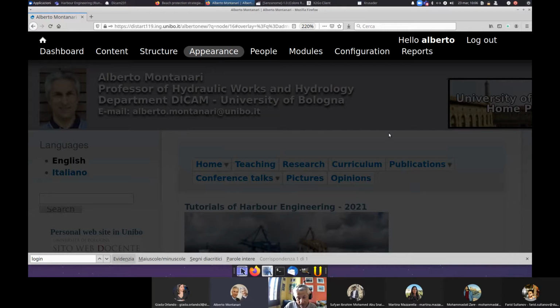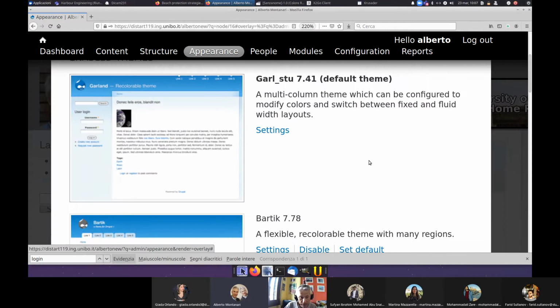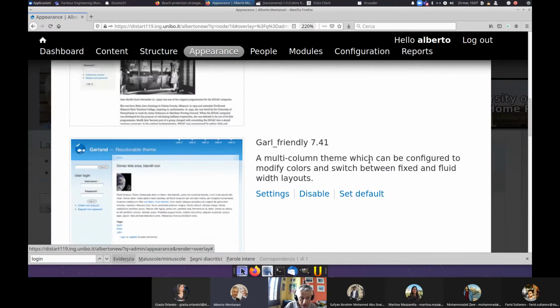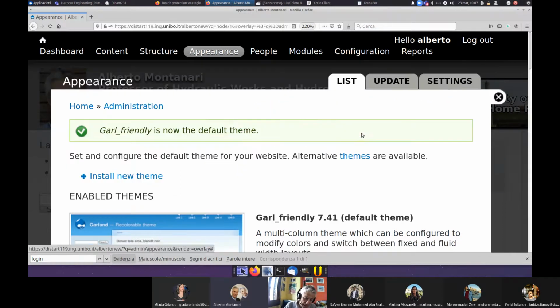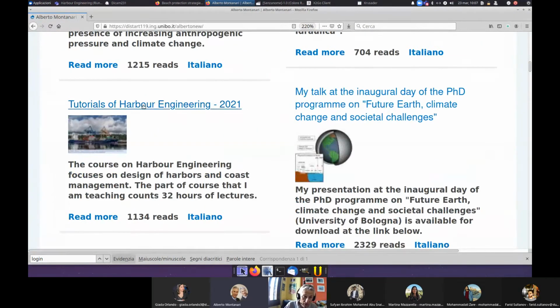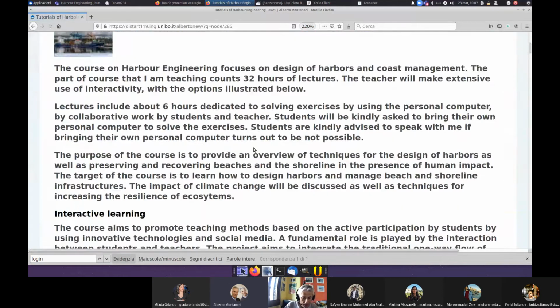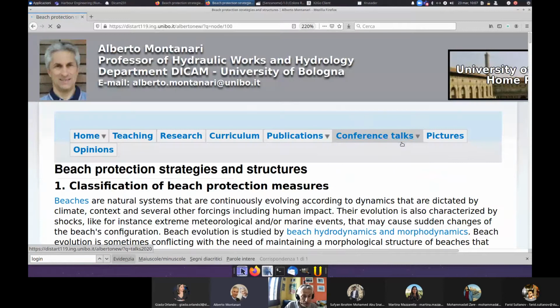Here we are studying beach protection structures with the aim of learning how to design them. And because these structures can also be used to design the protections for harbors, in order to create in the harbor this sheltered area where the ships can moor in an easier way. So let me go to this page.